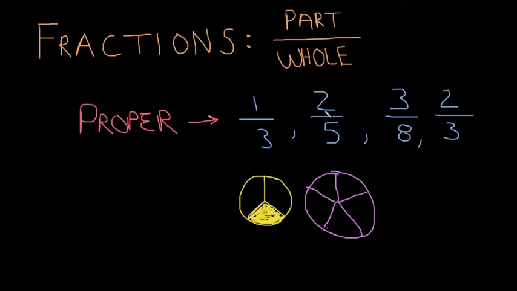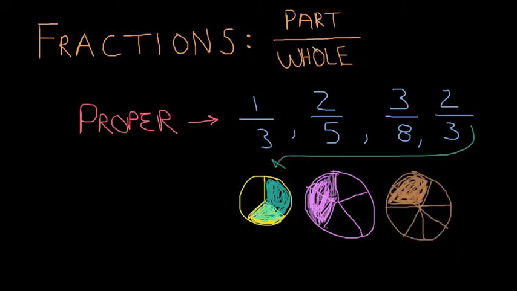And 2 out of the 5, we can shade these 2 pieces. You kind of get the idea. But basically a fraction is part out of a whole. And these are proper fractions, where the part is less than the whole. You can take part of the whole. It's less, 1 is less than the 3.